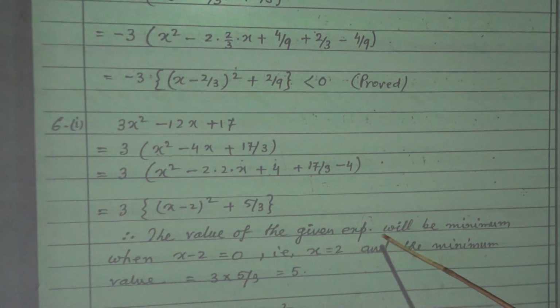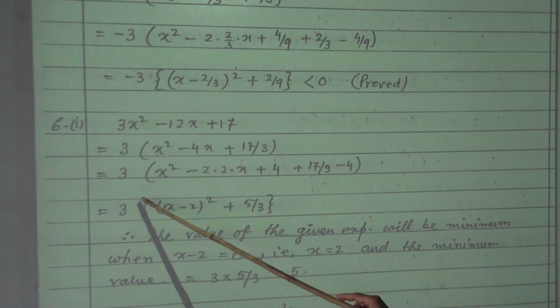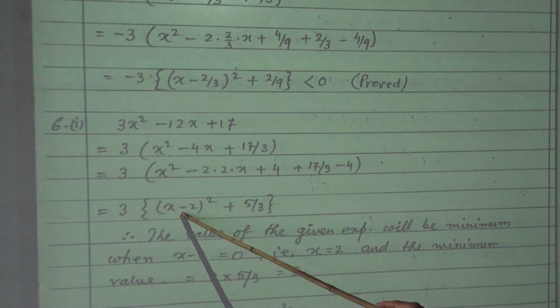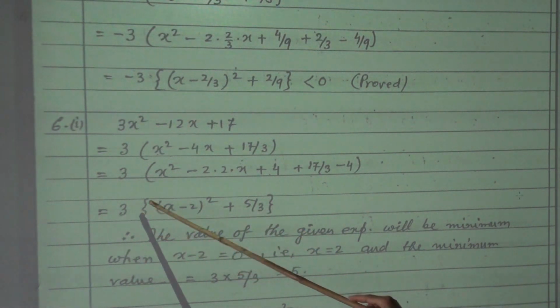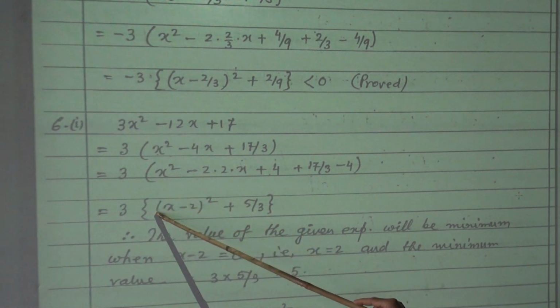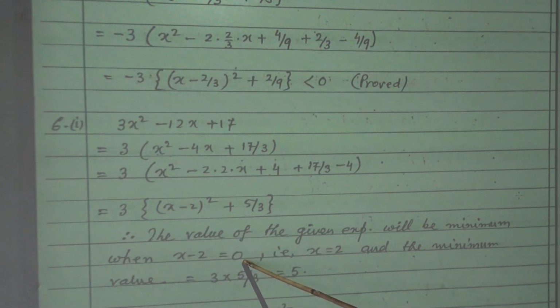So the value of the given expression will be minimum when x minus 2 is 0. This expression will be minimum if this is minimum. This is constant, fixed, this is fixed. So the changing part is this only, and the minimum value of this is 0. So when x minus 2 is 0, the corresponding x value is coming 2.